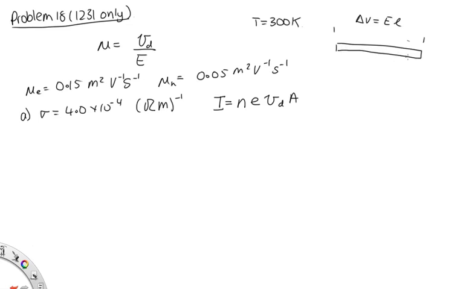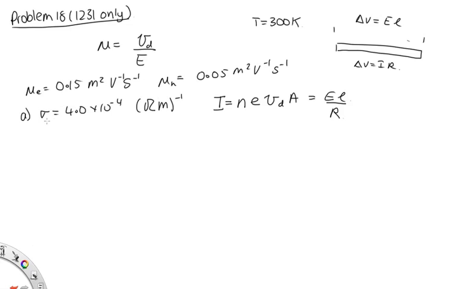We're also going to assume that this is an ohmic wire, so that we have delta V is equal to IR. So we have I is equal to delta V on R, so we can write this as EL on R. One other thing we're going to need to use is our definition of conductivity.